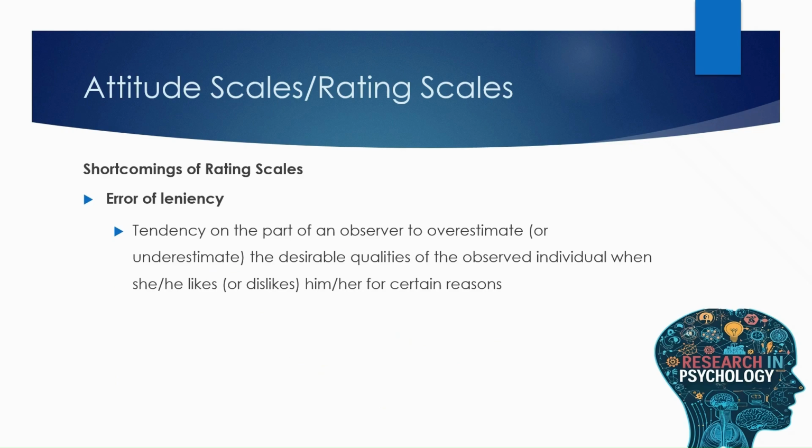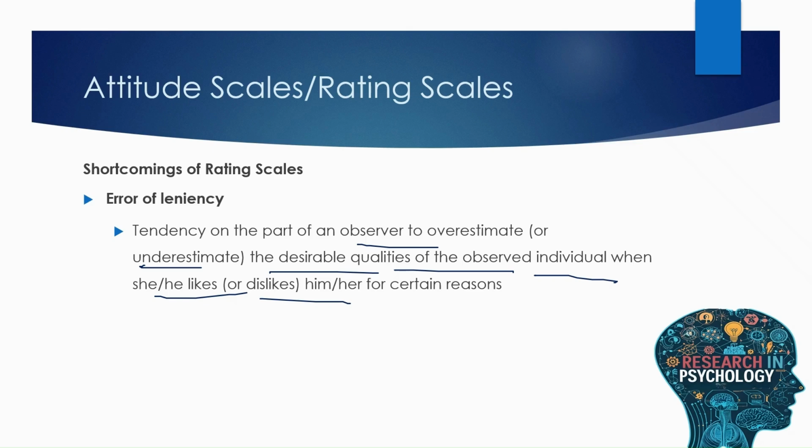Second is error of leniency. This is also a very common thing. This is a tendency on the part of an observer to overestimate or underestimate the desirable qualities of the observed person, or even when he or she likes or dislikes him or her for certain reasons. This means if I don't like someone, I am going to underestimate the person for every other quality that person actually might have.